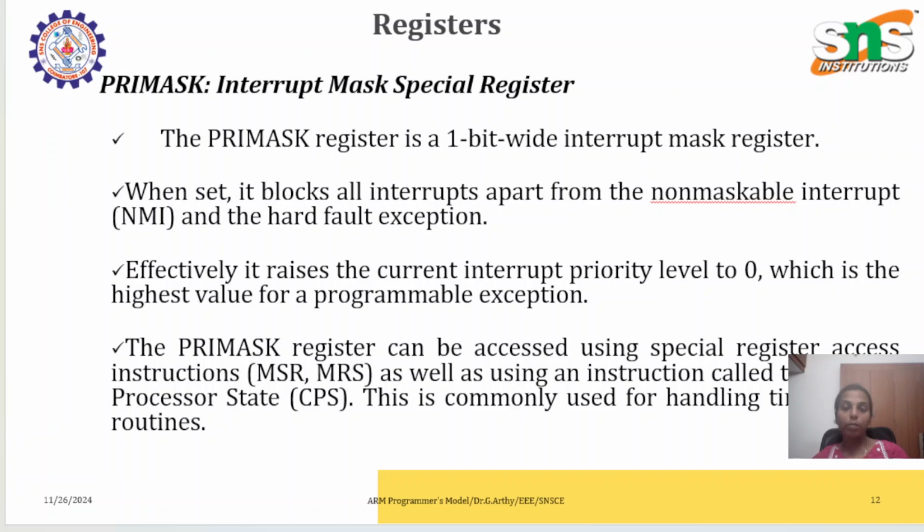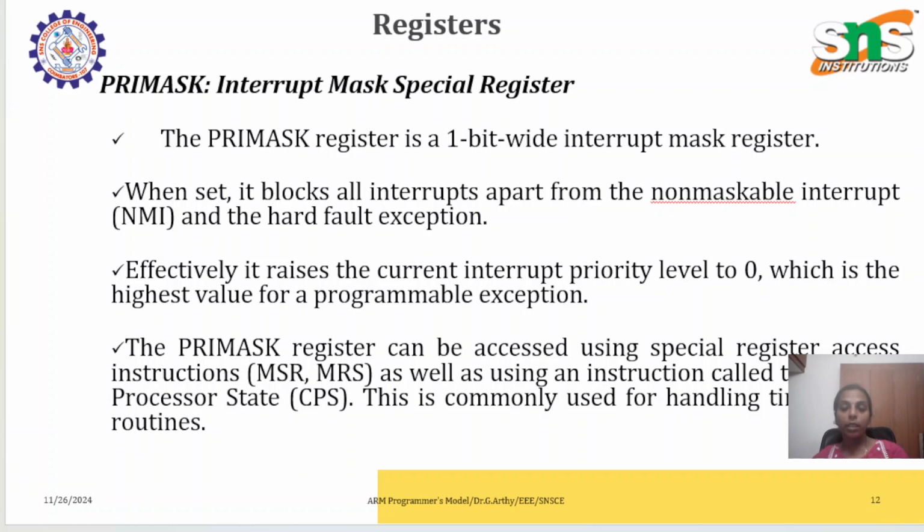One is the interrupt mask special function register. This special function register is a 1-bit wide interrupt mask register. When set, it blocks all interrupts apart from the non-maskable interrupt and the hard fault exception.